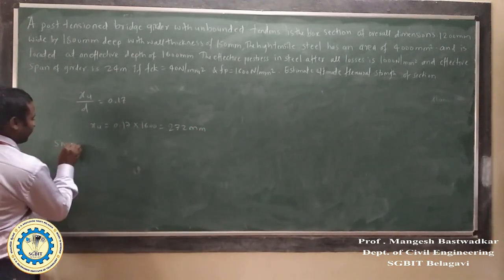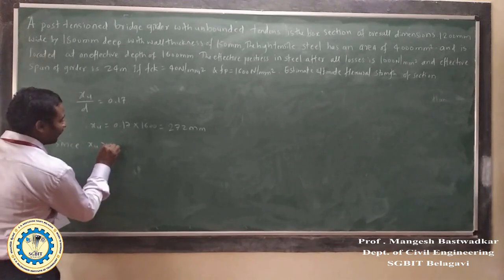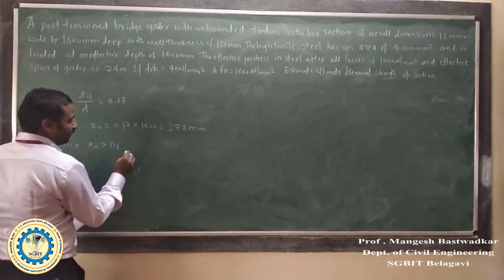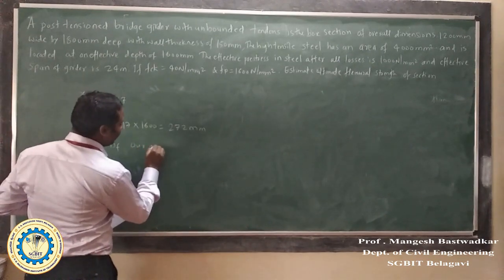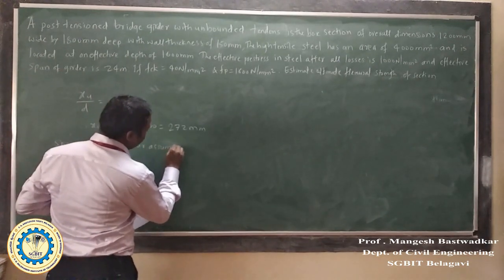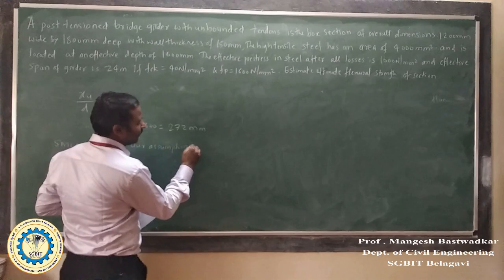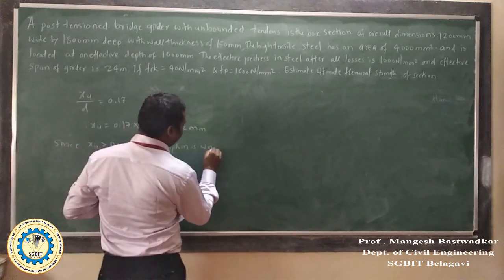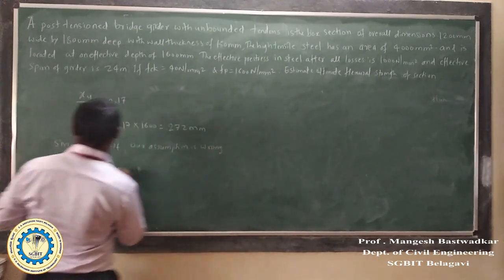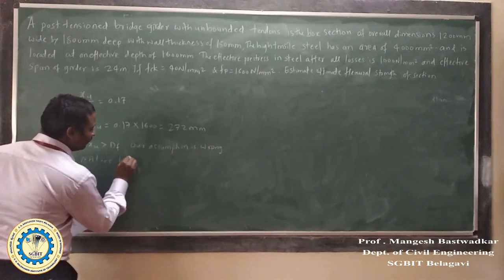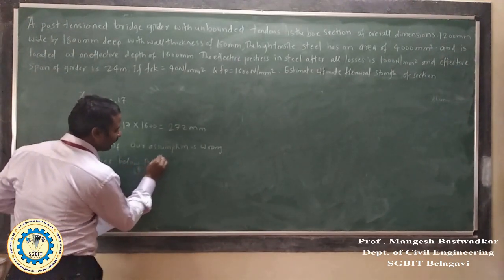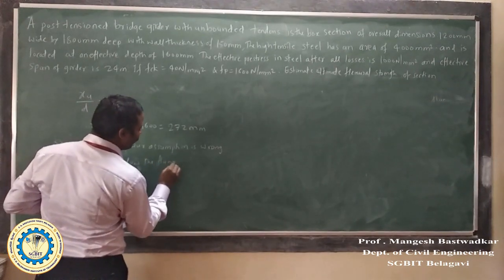Since XU is greater than DF, our assumption is wrong. Neutral axis lies below the flange.